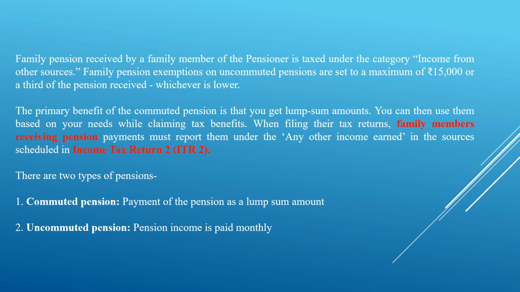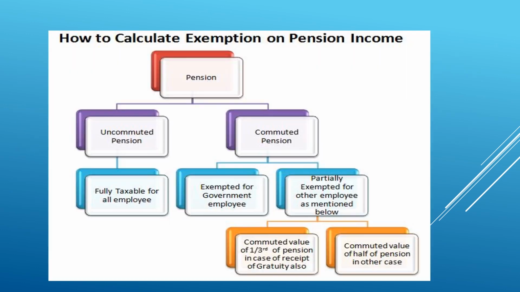Okay, there are two types of pension. That is commuted pension, which is paid in one lump sum amount, or uncommuted pension, which is paid on a monthly basis. Let us see in detail about this. So this is how the exemption is calculated on the pension income. When you're getting an uncommuted pension, the full amount is taxable for the employees or the person who's receiving that income on behalf of an employee.